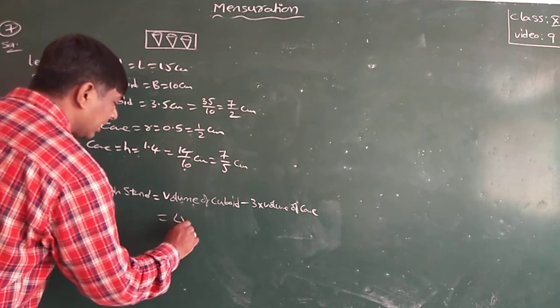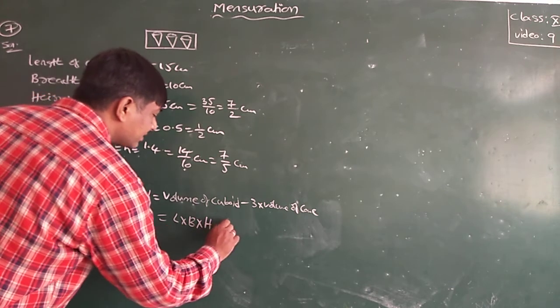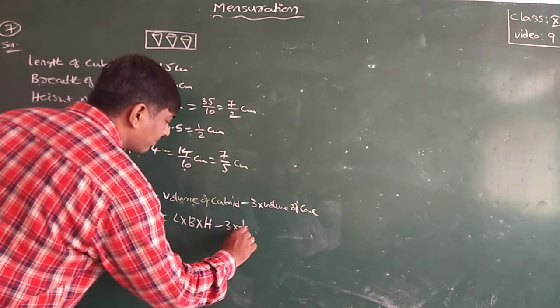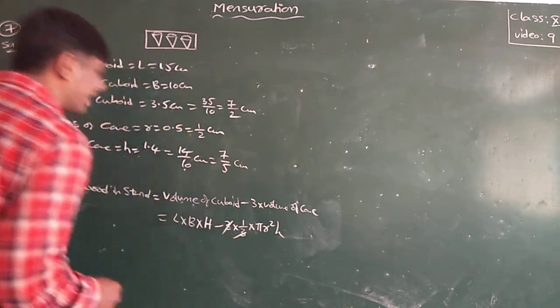That is equal to L into B into H for the cuboid, minus 3 into volume of cone, which is 1 by 3 pi R square H. 3 cancels.